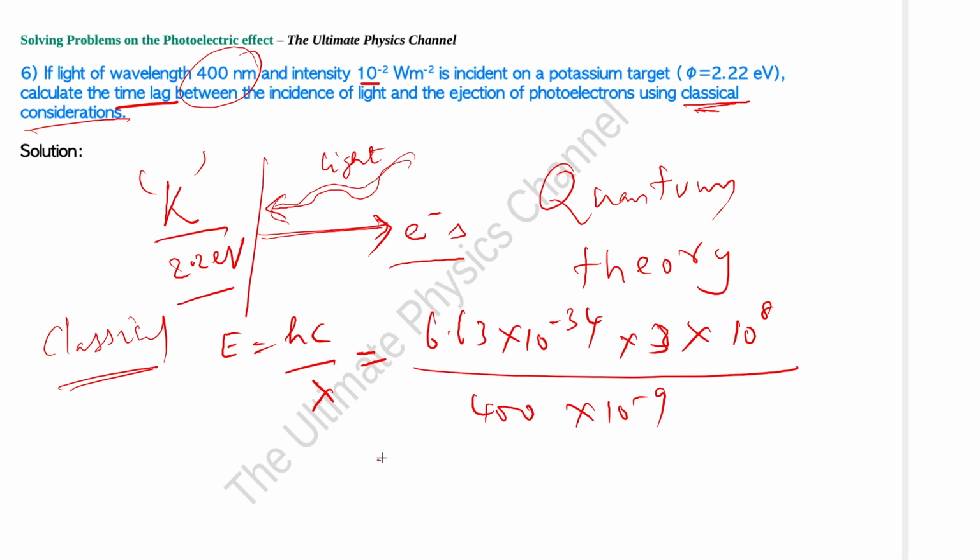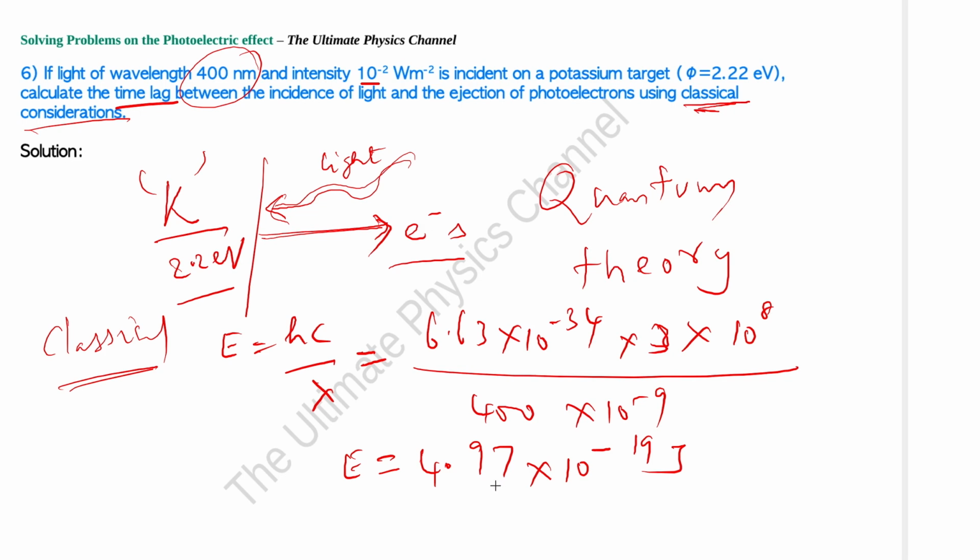If you work out these numbers, you get energy of around 4.97 times 10 power minus 19 joule. This is the energy we're getting. Of course, we can convert it to eV units also if needed, but I think right now we'll keep it like that.